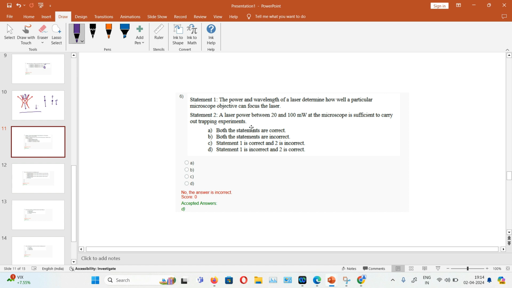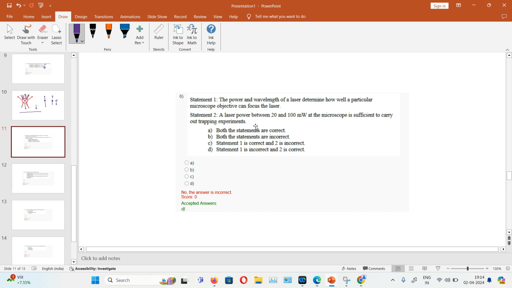Statement 2: A laser power between 20 and 100 milliwatt at the microscope is sufficient to carry out trapping experiments. That is comparatively for small particles. For small particles, a laser power between 20 and 100 milliwatt is enough to carry out the trapping experiment.